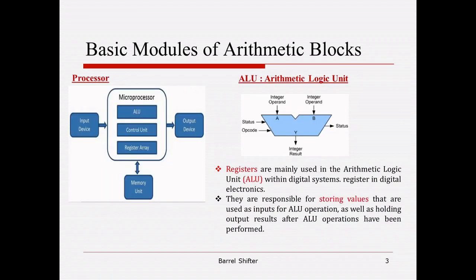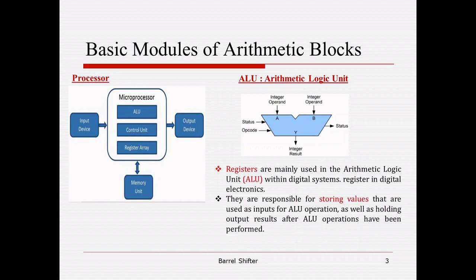For explaining this content, I am taking a simple example, which is a processor. The processor may be a digital signal processor or a microprocessor. The basic unit of a processor is the arithmetic and logic unit.